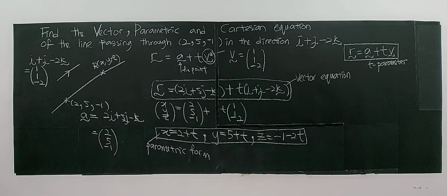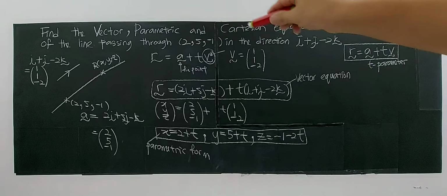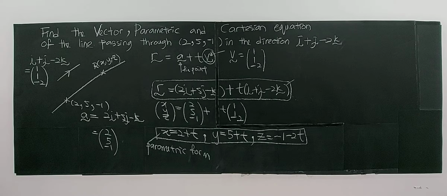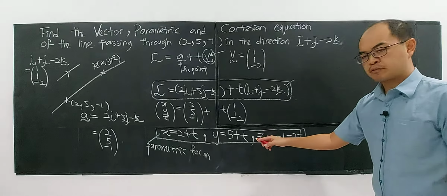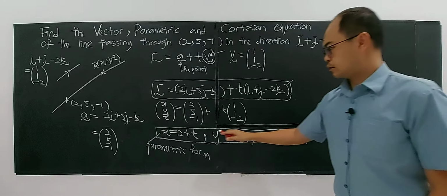Lastly, you also need to know how to write the equation in Cartesian form. I will use the parametric form, where I want to eliminate t.